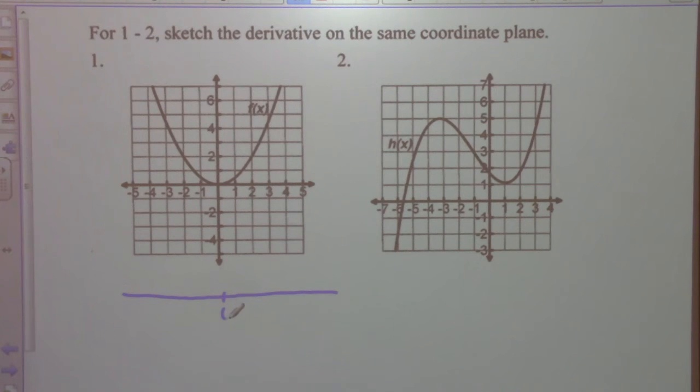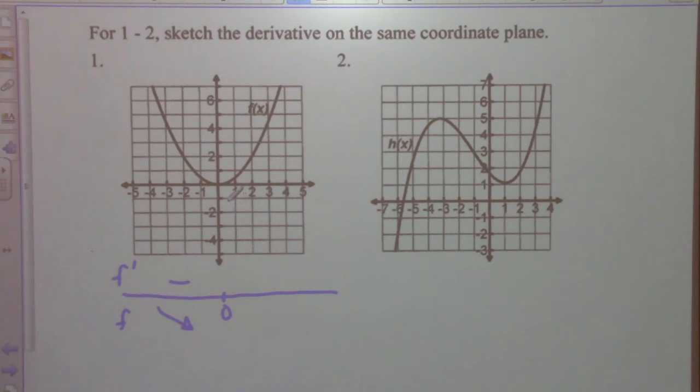If you take f prime and f down here, we look at f, and what is f doing in this interval? F is decreasing, right? So if f is decreasing, what is f prime going to be? Negative.